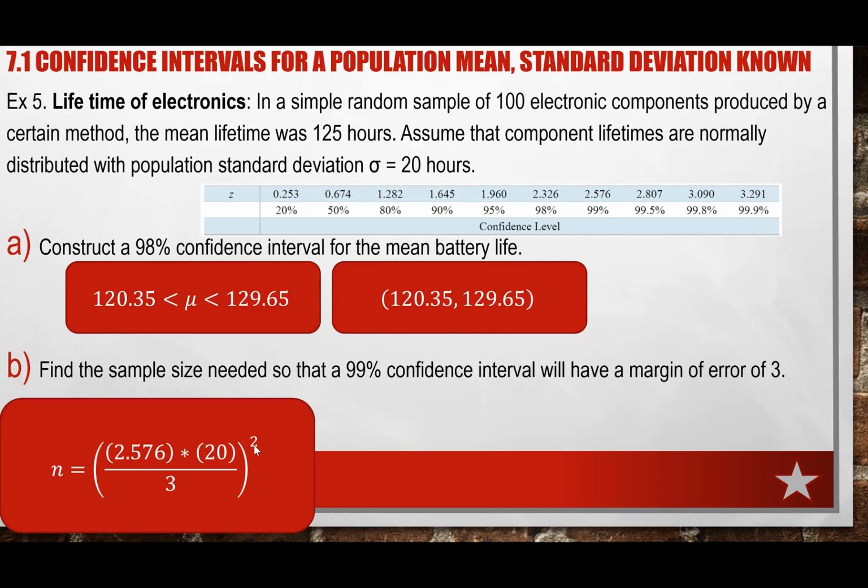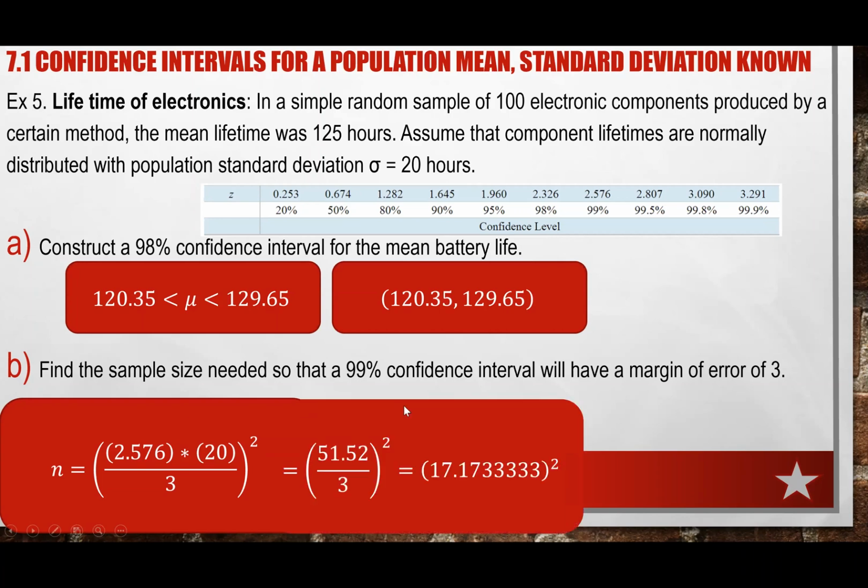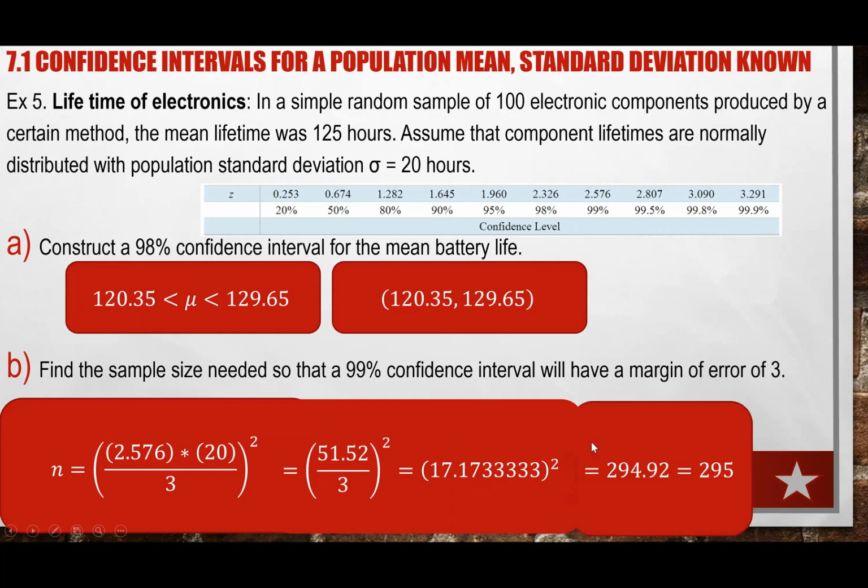After I do all that, I have to square it. I multiply and then I divide by 3 to give me 17.7333, squared. If I square it, I get 294.9, which means I need at least 295 components to be 99% confident.